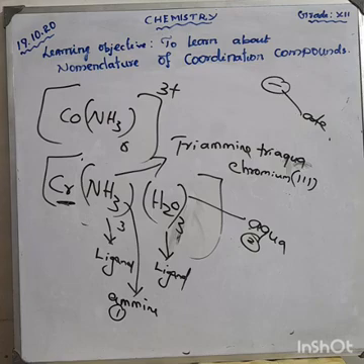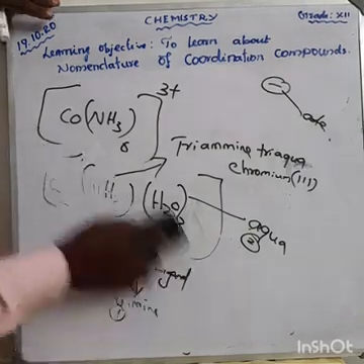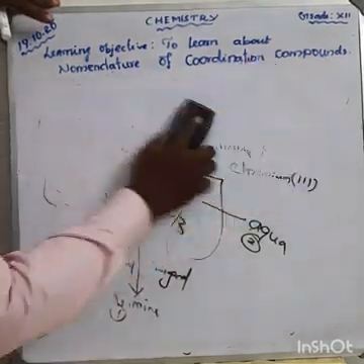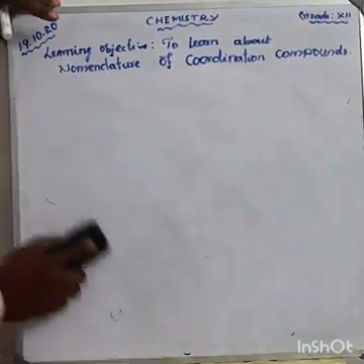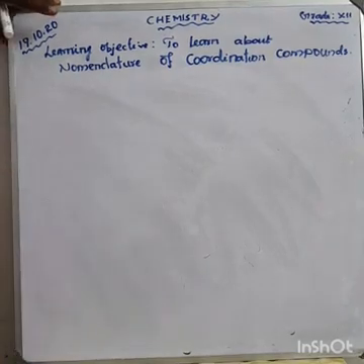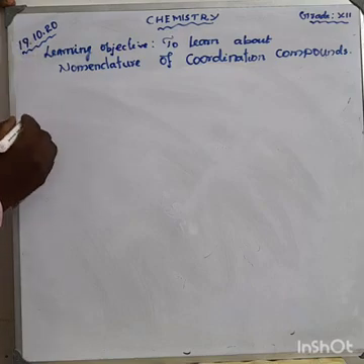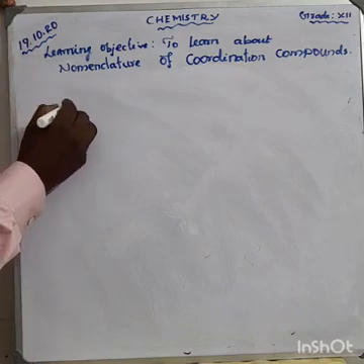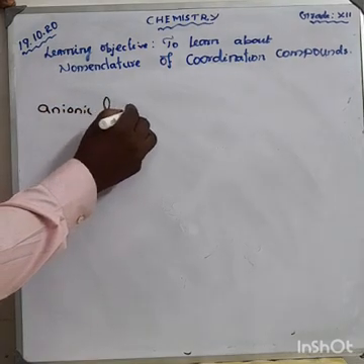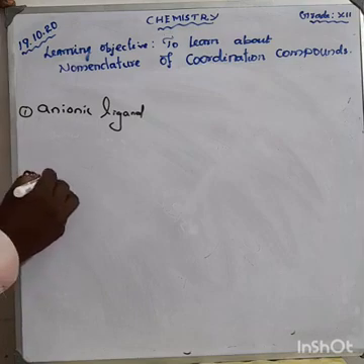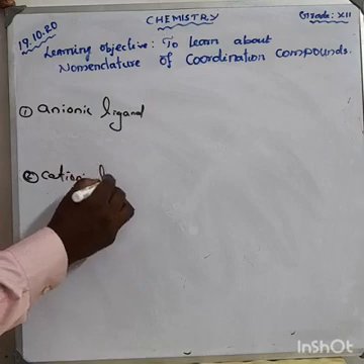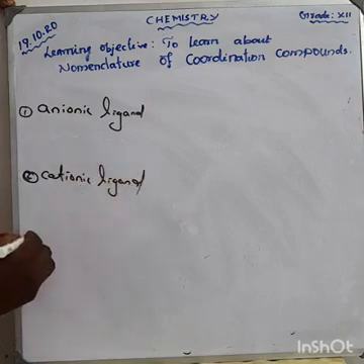That is about the third point. And also, I am explaining how to name the ligands. That is also very important. Naming the ligand is very important. That means anionic ligand, cationic ligand, and also neutral ligand. Anionic ligand, okay. Second one, cationic. Third one is neutral ligand.